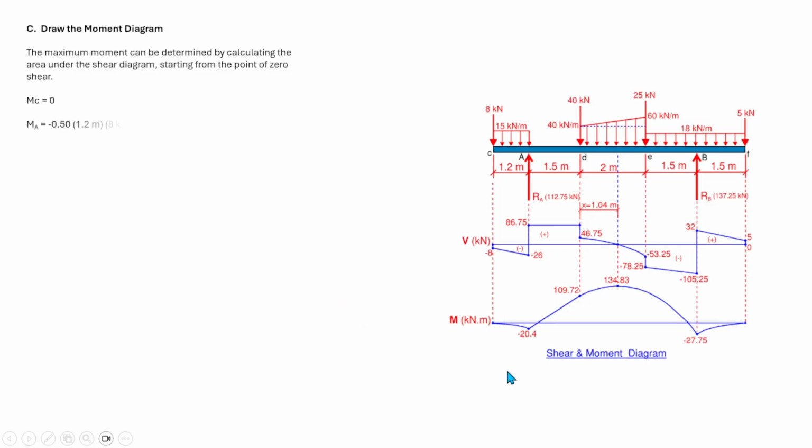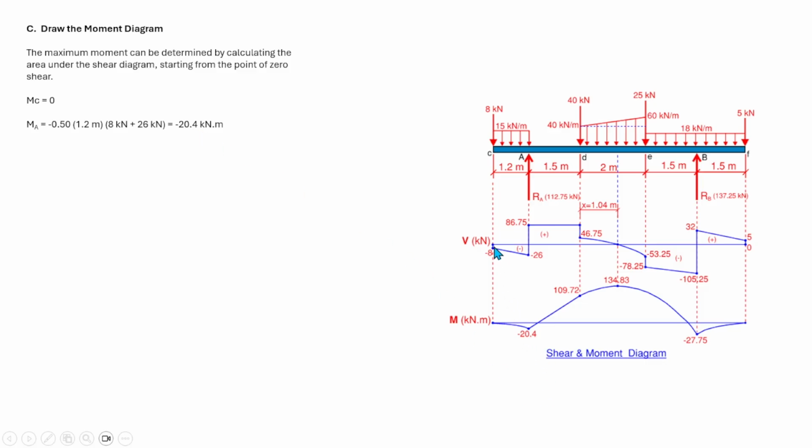And the moment at point A is equal to the area under the shear diagram, from point C to A, which is a trapezoidal area. And that is equal to negative 5 times 1.2 times the average of 8 kilonewton plus 26 kilonewton, that is equal to negative 20.4.